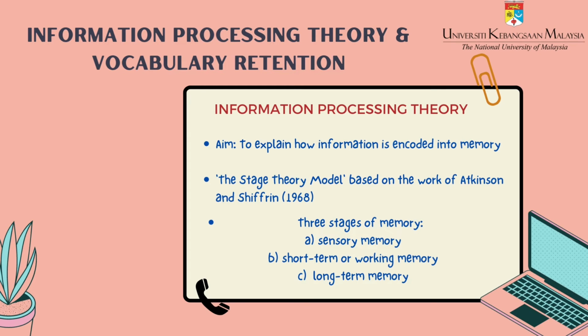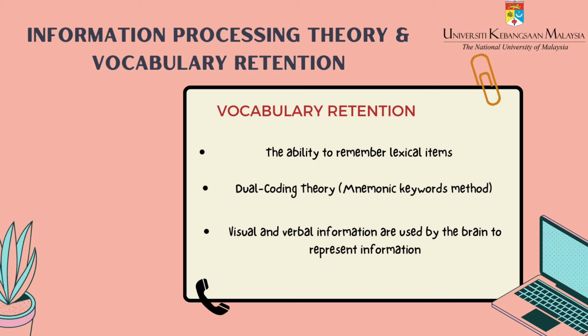There are three stages of memory in this model: sensory memory, short-term or working memory, and long-term memory. The second and third stages of information processing have major implications on the mnemonic approach to retain vocabulary.